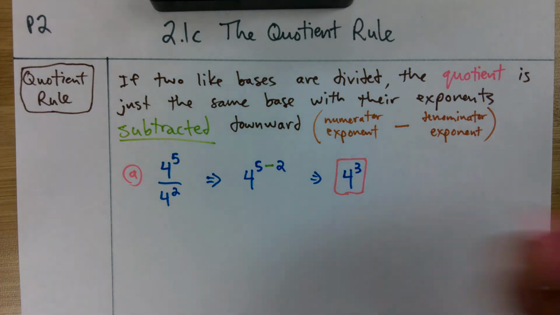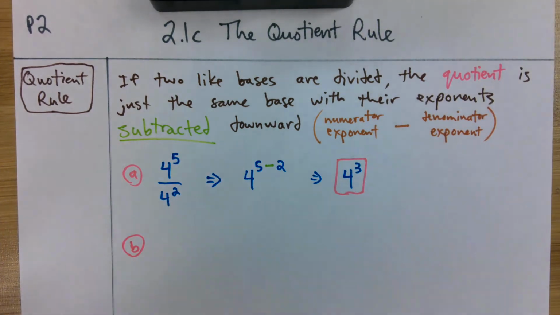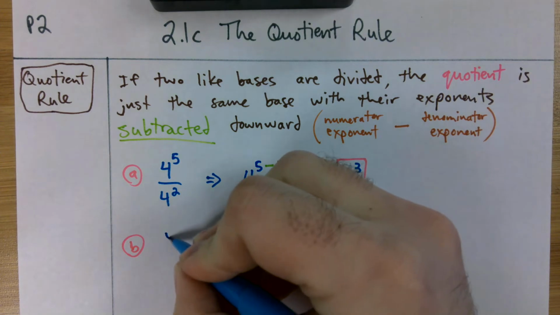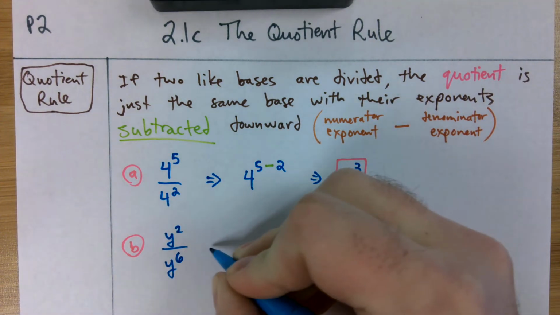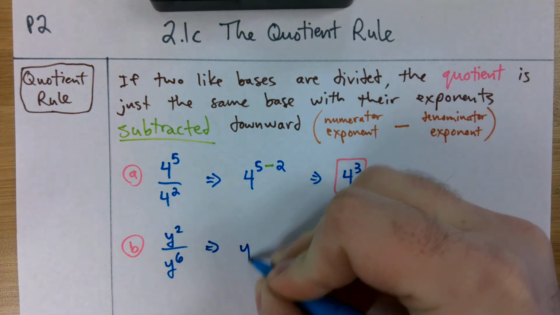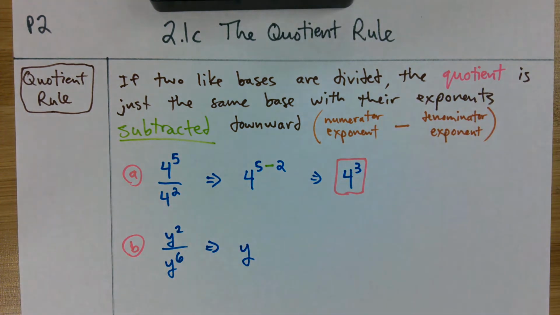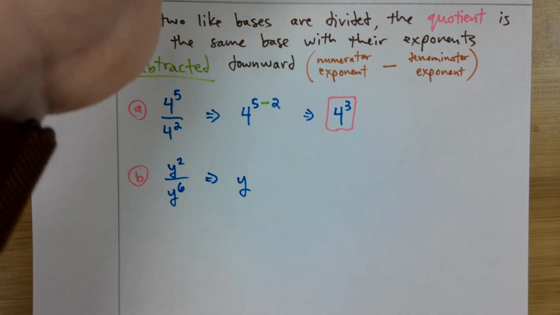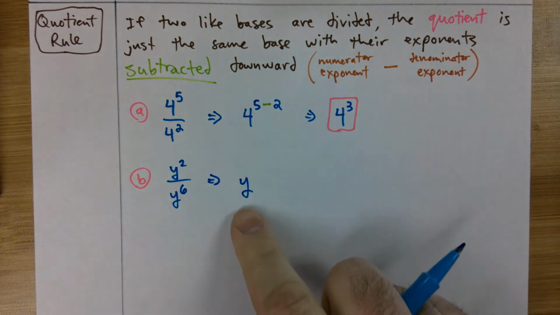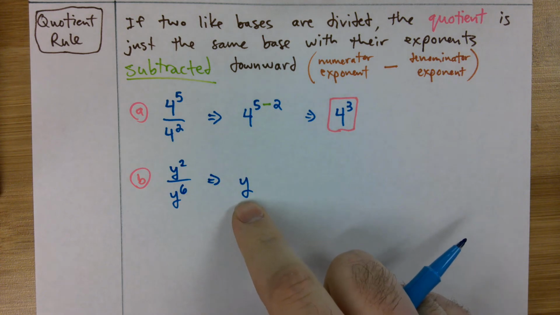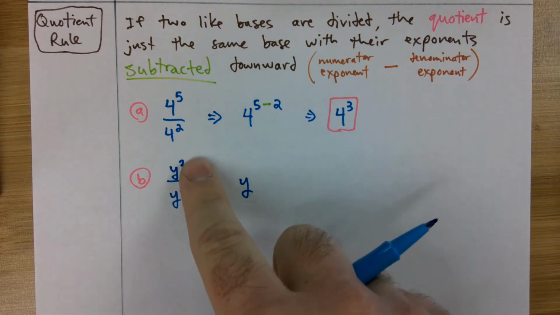So if we have example B, we've got y to the second over y to the sixth. Our quotient is going to keep that same base, y. And then we're going to subtract downward.